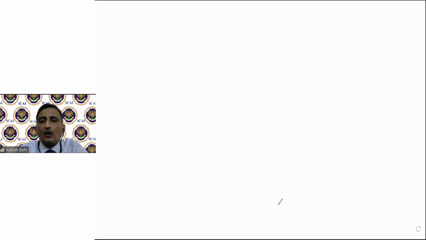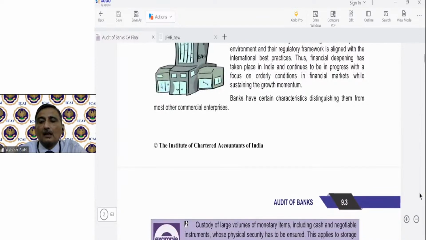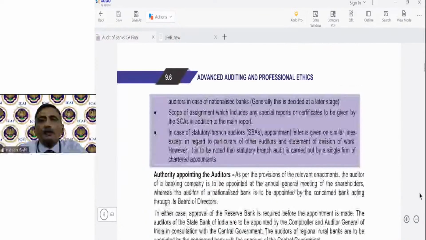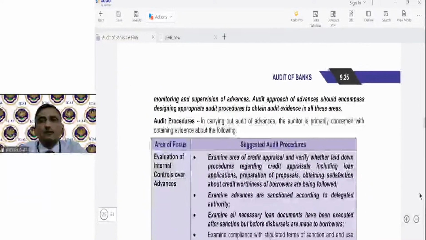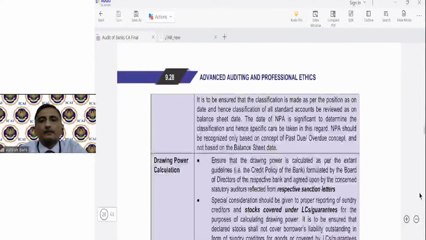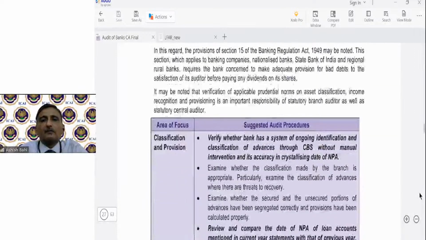So now we go to your module relating to audit procedures pertaining to classification norms. So you can open up your module at page 9.27. Yes.